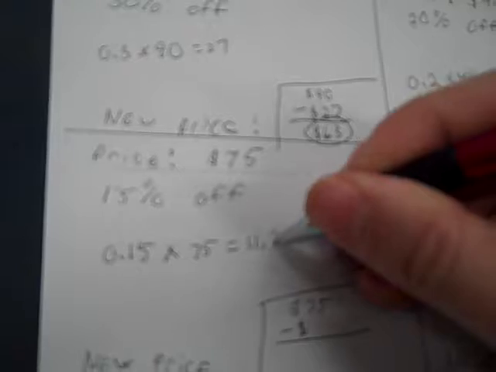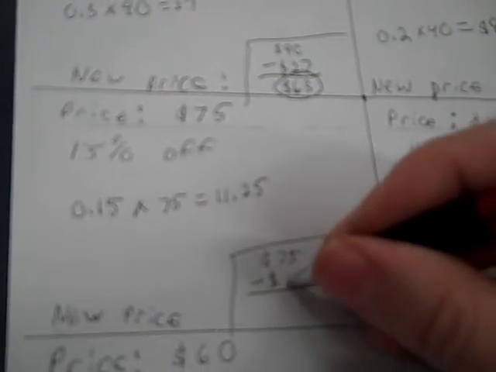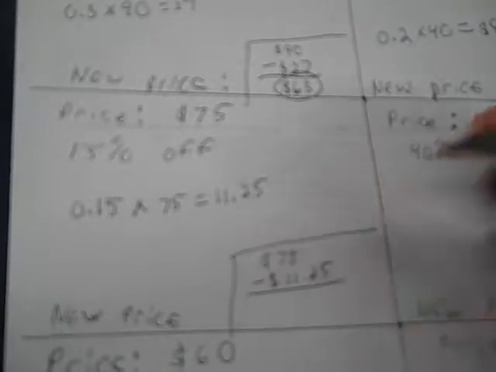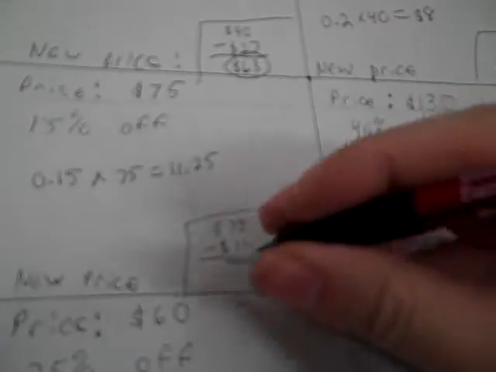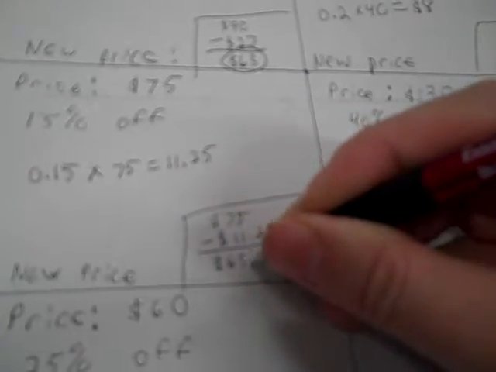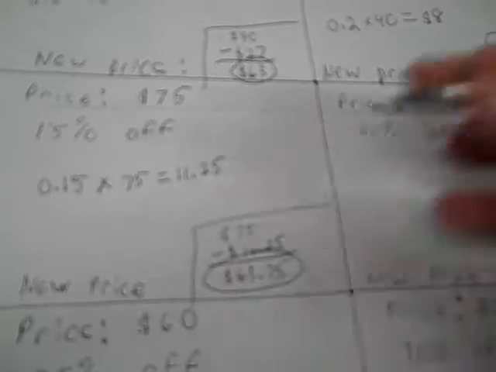I came up with $11.25, so that's what I'm going to subtract. 75 minus 11.25 is 63.75. So the answer is $63.75.